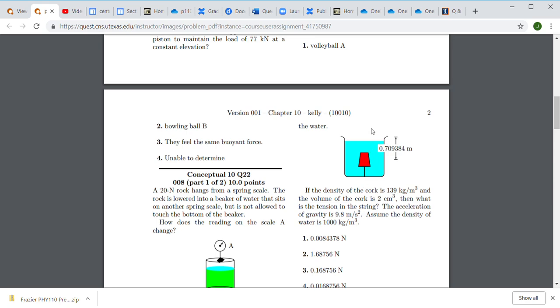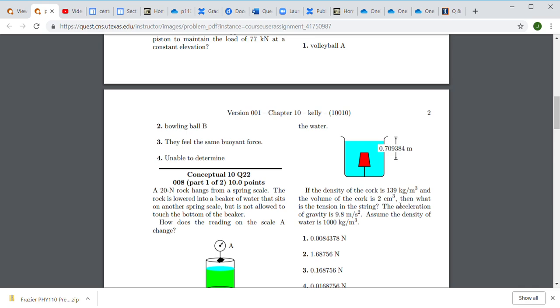And then we have an upward force, which is the buoyant force, and that's the weight of the water displaced. We could calculate that by first converting the volume from cubic centimeters to cubic meters. That's the volume of the water displaced.